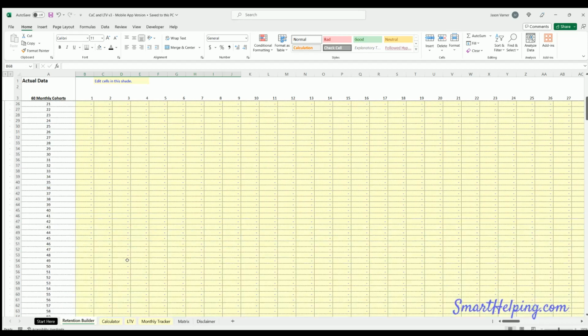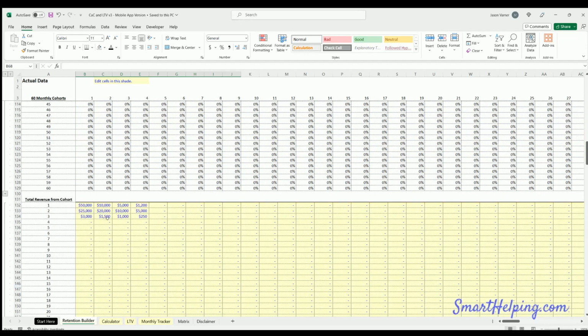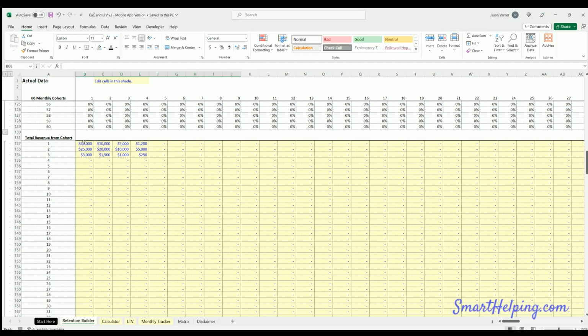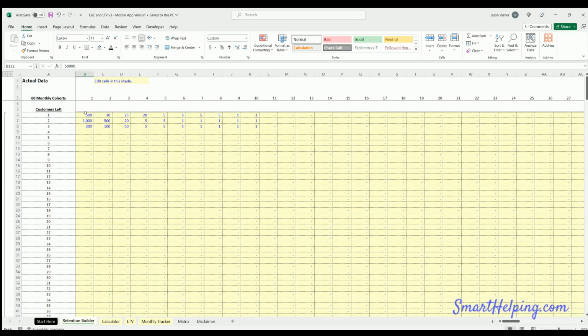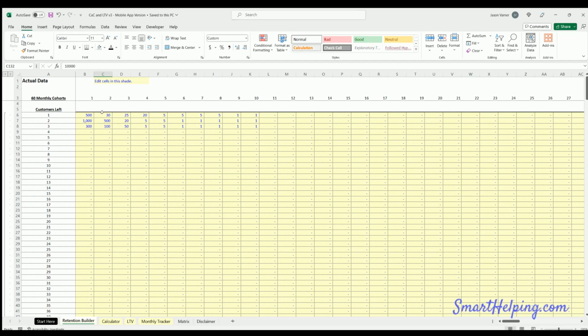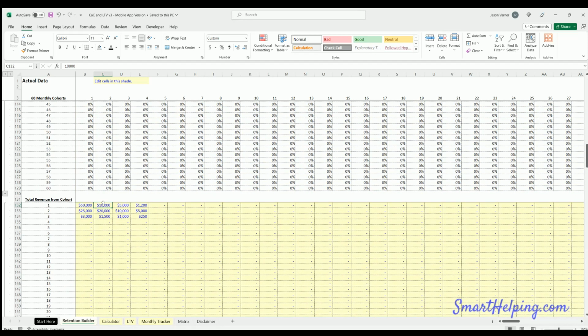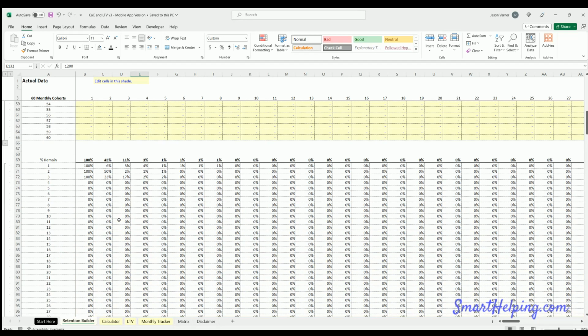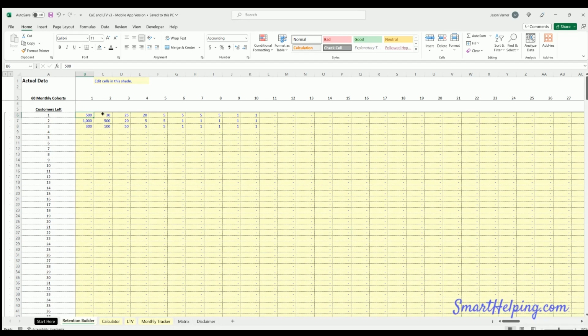So we have retention based on the customers left over time. We have total revenue from the cohort. Here it's a mobile app, so we're saying we have 500 customers. How much revenue did you make from those customers in that month? Then in month two, we say we had 30 customers left, and how much revenue did you make from them? And so on. So you can figure out based on your data how much revenue you made from each customer cohort over time.